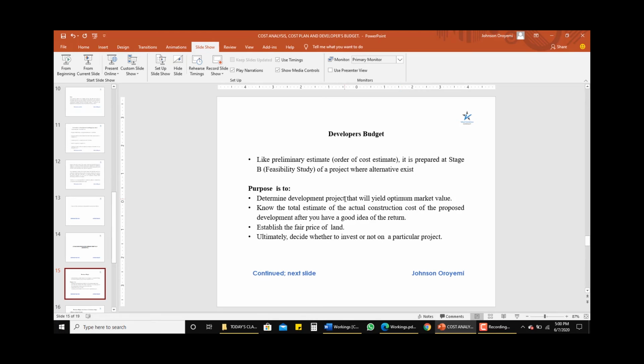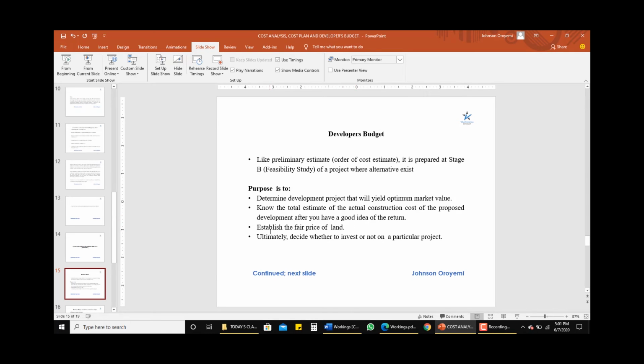Then the second purpose is to know the total estimate of the actual construction cost of the proposed development, after you have a good idea of the return.